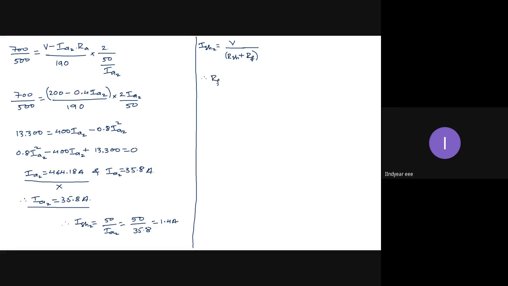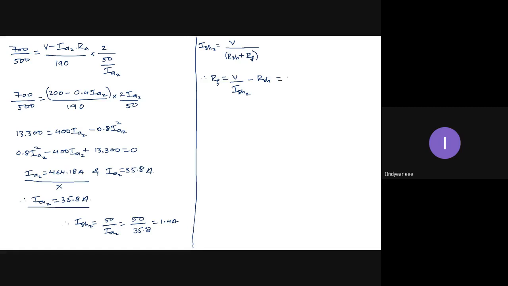Therefore, RF is equals to V by ISH2 minus RSH.